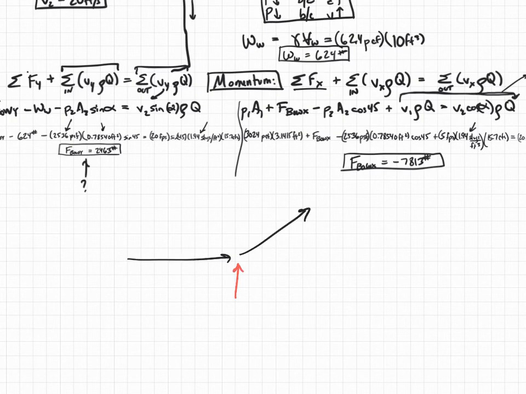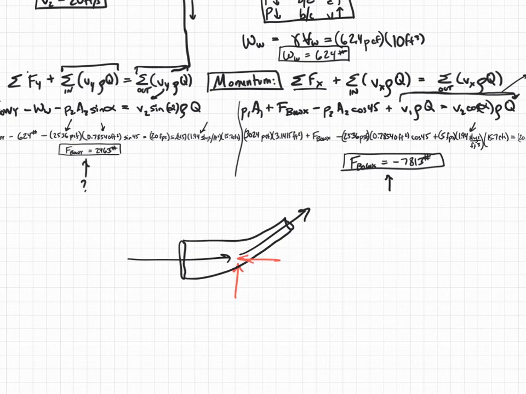This one might be a little bit less obvious. But imagine you were holding this pipe. What would you expect it to be pushing, like, your hand? Well, it's going to be pushing on your hand to the right, so you would have to be pushing to the left to make this happen. So both these numbers make sense.